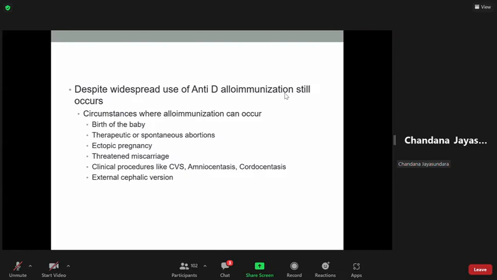Therapeutic or spontaneous abortions, ectopic pregnancies, threatened miscarriages, and clinical procedures like chorionic villus sampling, amniocentesis, cordocentesis, and external cephalic versions can all cause sensitization. Sometimes we might not be covering all these events during the antenatal period. That's why we still find sensitization events in our country and in the world.